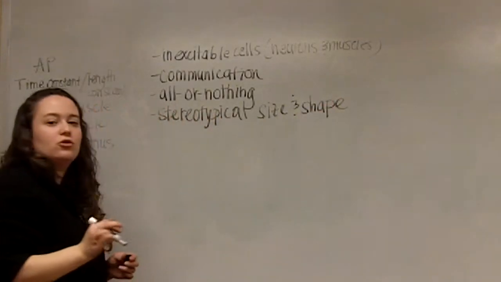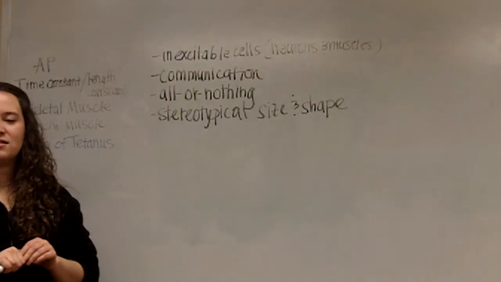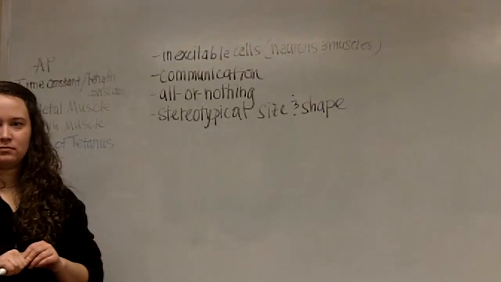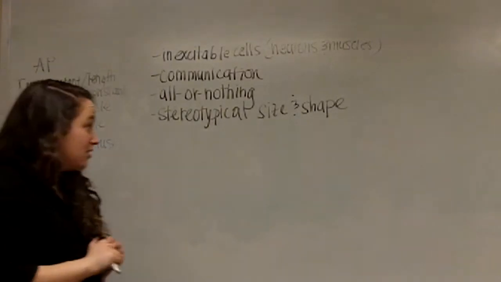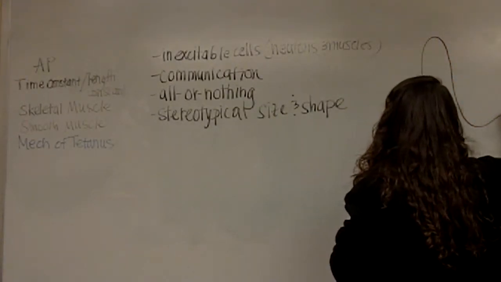So for an action potential from a certain type of cell, every action potential that it ever has is going to look the exact same. And typically, they look something like that.